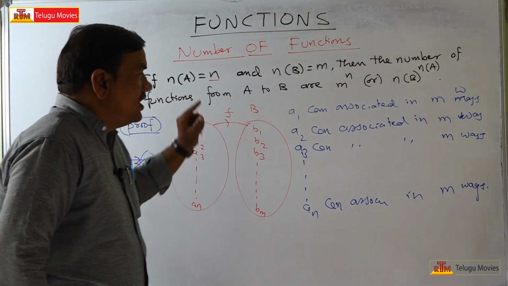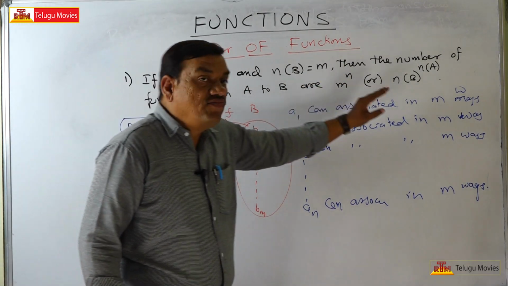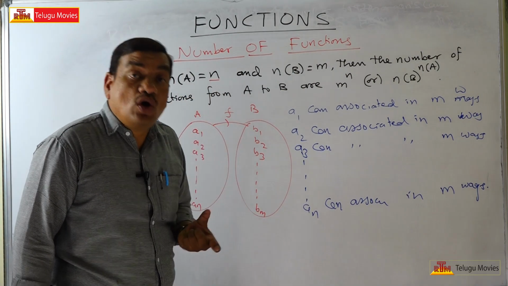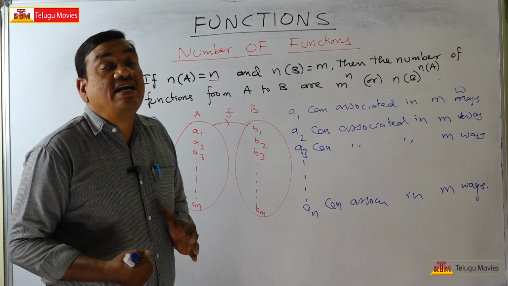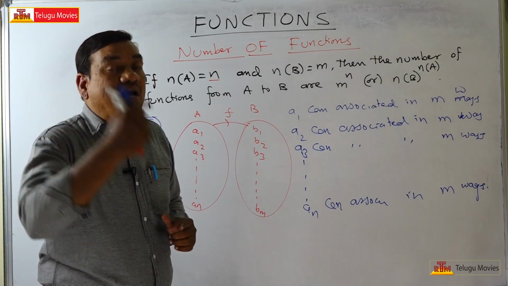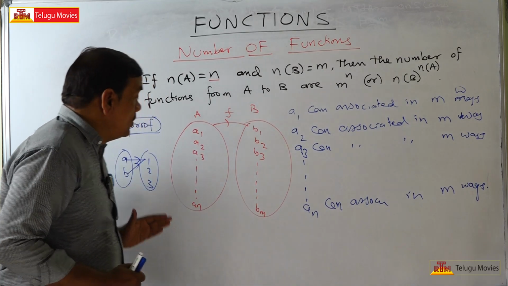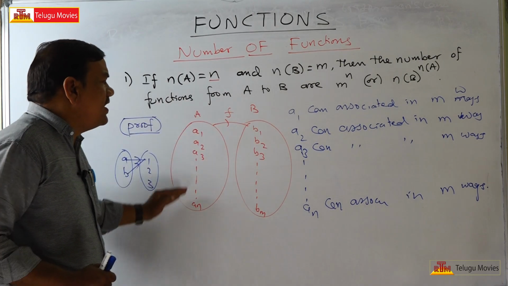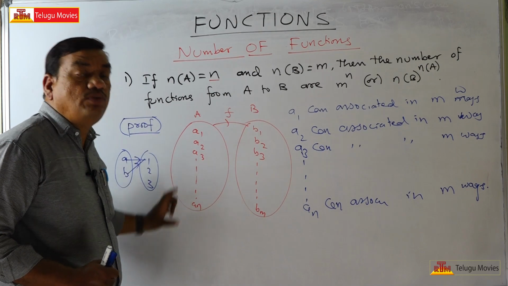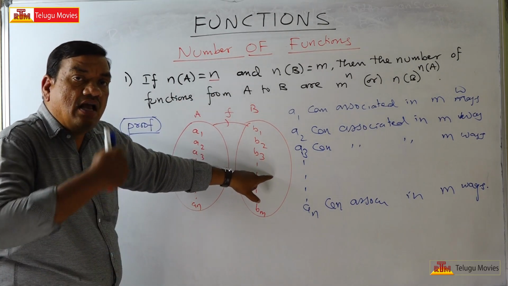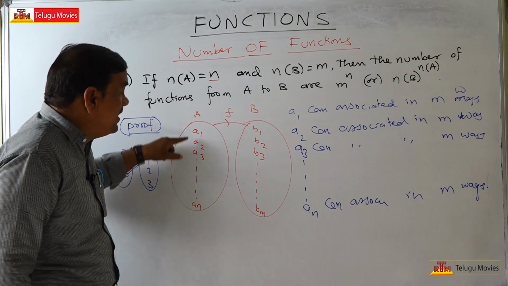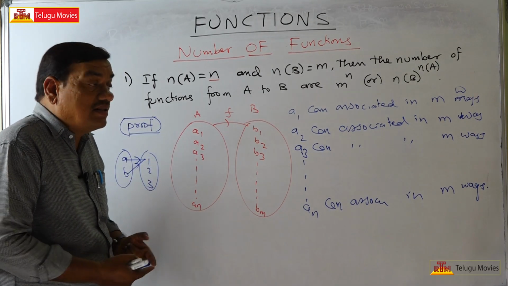That means if one work is done in m ways and another work is done in n ways, both the works can be done together in m into n ways. Here, to make a function from A to B, all the elements of A should be associated with a unique element of B. That means n elements are there.